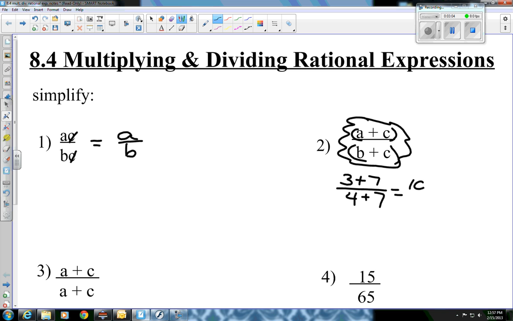Well, that's 10 over 11. If I crossed out the 7s, it would be 3/4. Not the same number. So if you put numbers in there, then it makes sense. So don't do it if you have letters either.